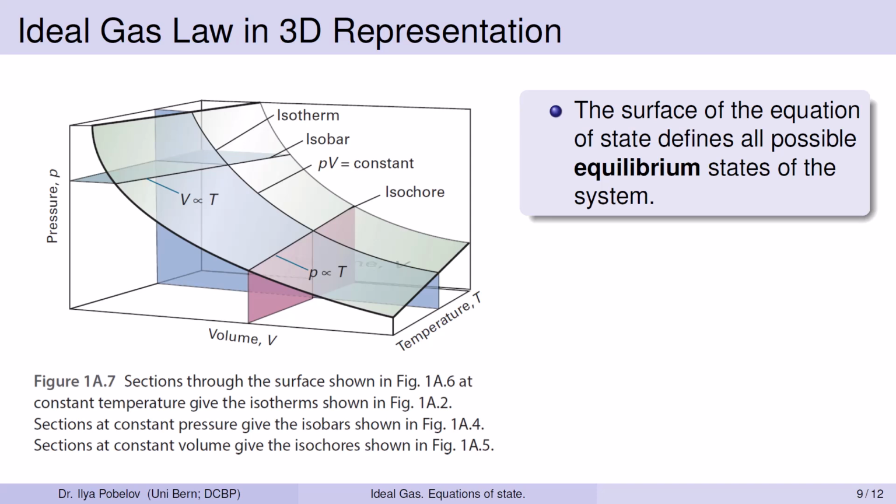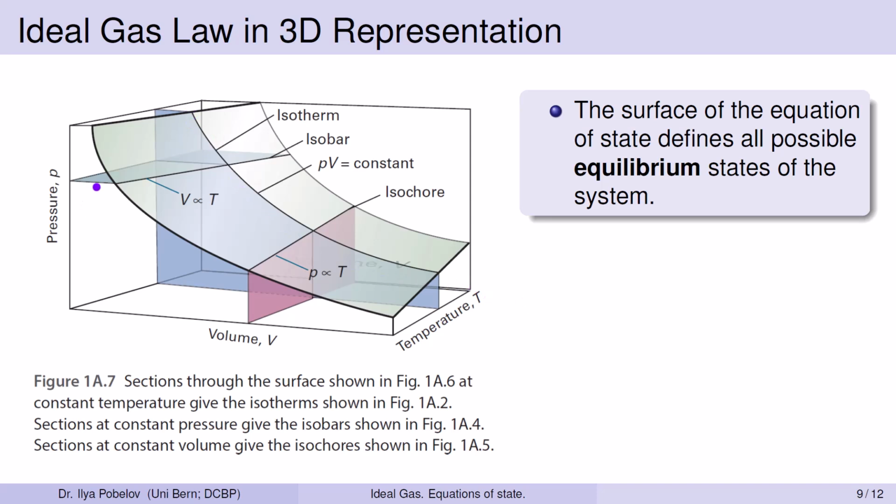Now let's examine the surface in detail and explore how it relates to the previously studied gas laws. If we section the surface with planes corresponding to a constant temperature, at the intersections we obtain curves representing states of equal temperature. These are the isotherms.